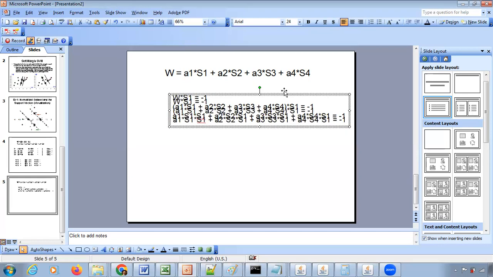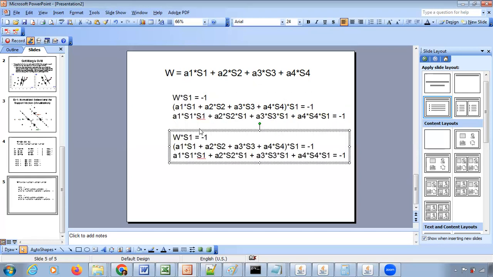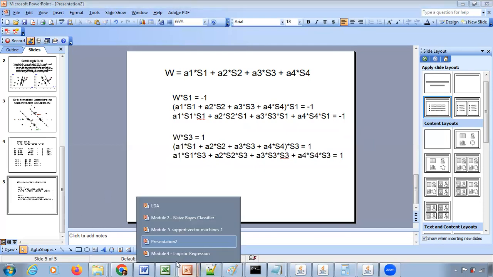So we'll do, say, W times S3 equals 1. So it's basically multiplying this by S3. So we're going to have S3 here, S3 here, S3 here, and S3 here equals 1. Okay.